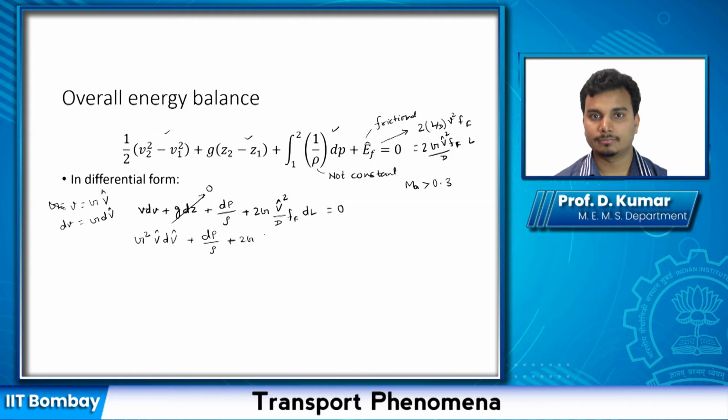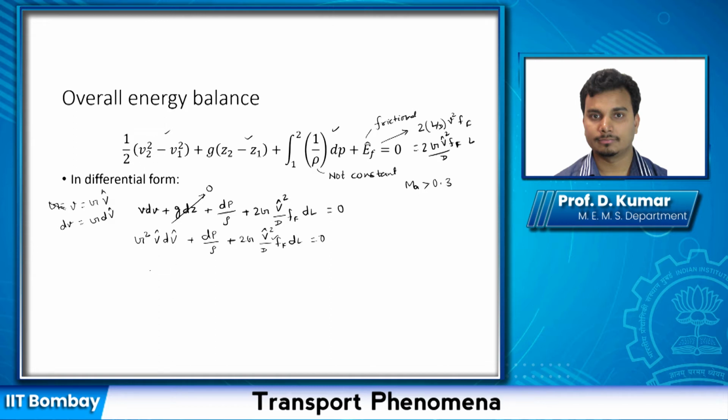plus 2G V squared by D F dL. It's 0. So now we can divide everything by V square, so that at least this term becomes just dependent on L, not anything else.